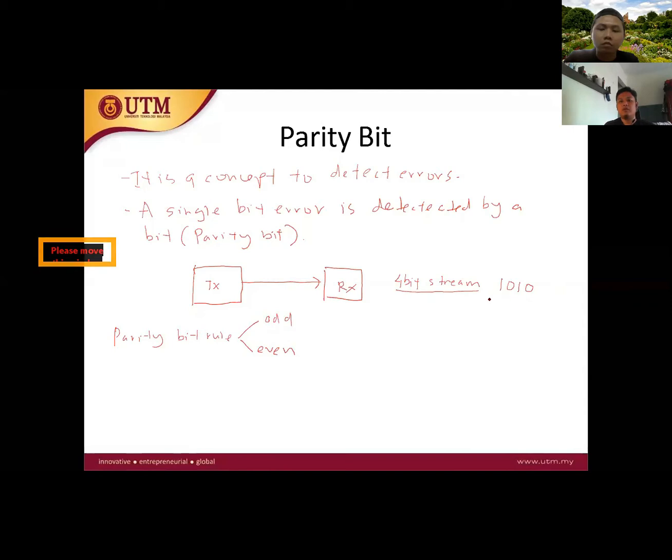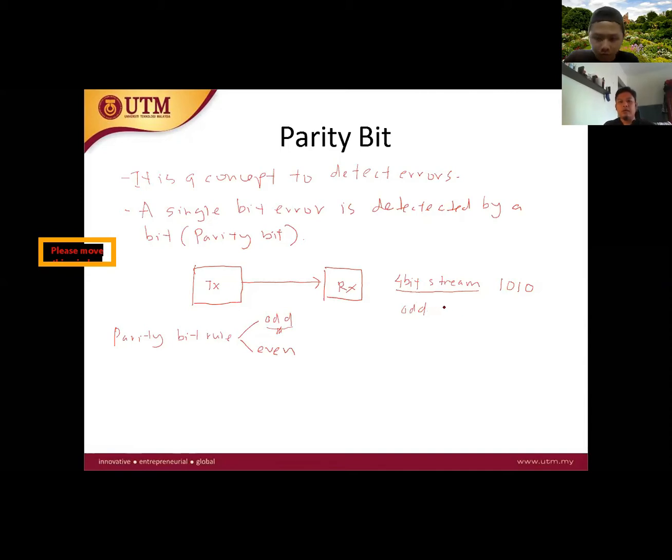So we send 1 0 1 0 from the transmitter to the receiver, and then let's say we choose odd parity rules. This is the bit stream that we want to send, and then we set the odd rules.